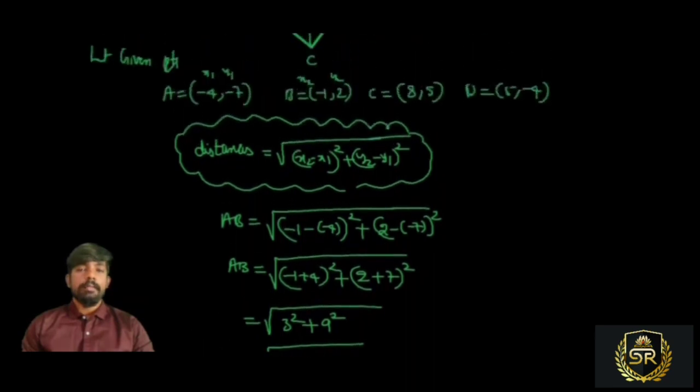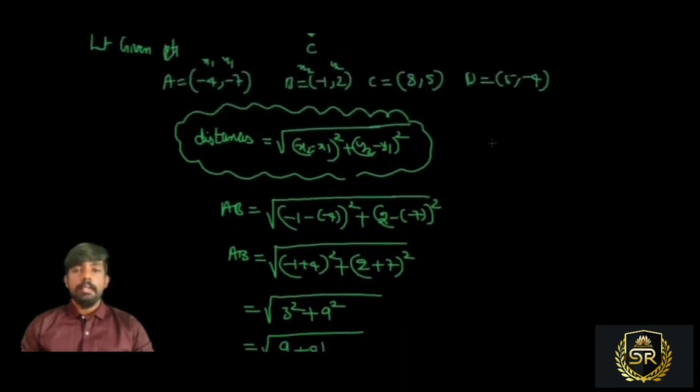Next, find BC distance. B point is minus 1 comma 2. C point is 8 comma 5. This is x1 y1, this is x2 y2.